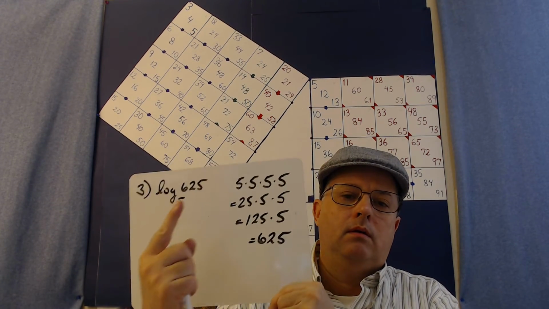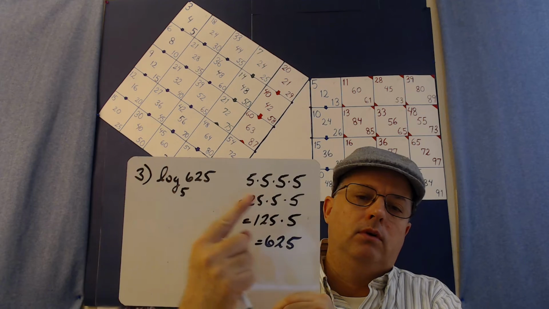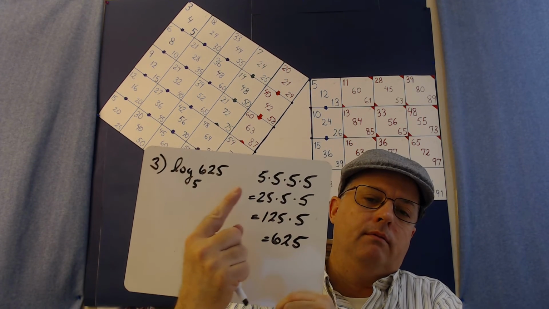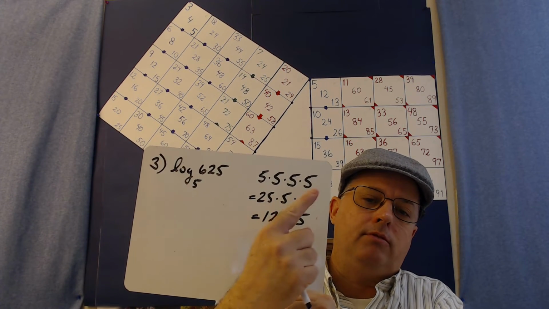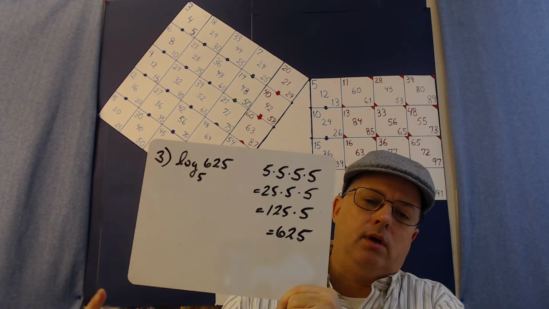Okay. How many 5s would we need to get 625? Well, maybe it'll take 4 of them. 5 times 5 times 5 times 5.